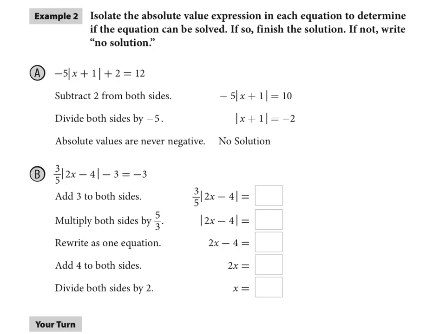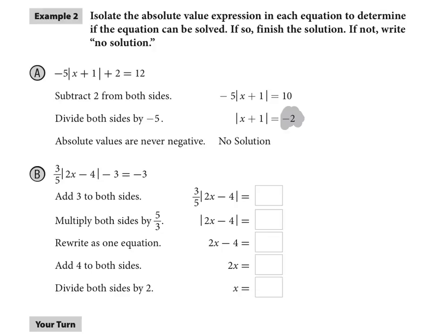In example 2, letter A, you start by isolating the absolute value bars. We subtract 2 from both sides, divide by negative 5, and what we end up with is the absolute value of x plus 1 equals a negative 2. Now think about it.